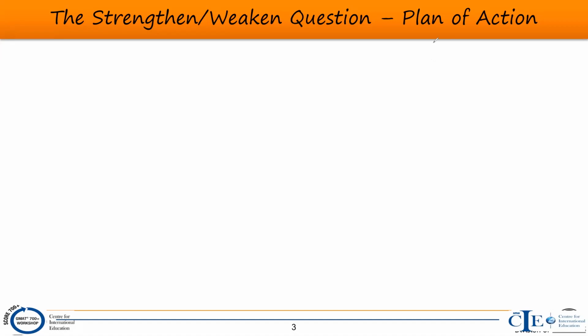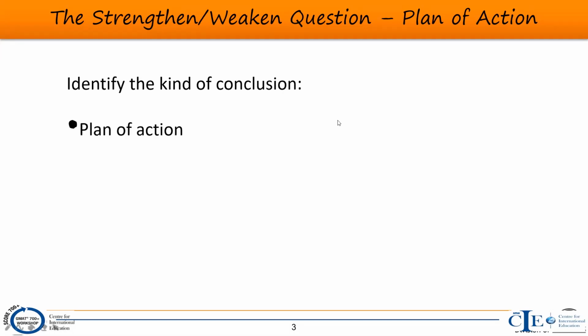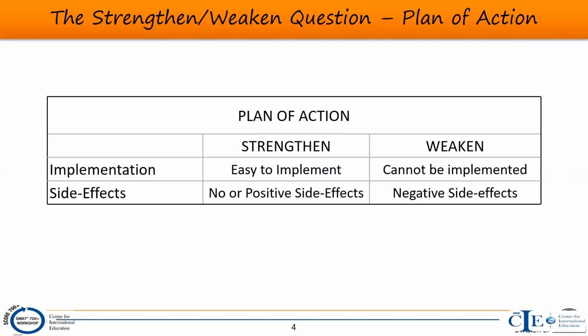Okay. So identify the conclusion, strengthen, weaken. If it is a plan of action, how to strengthen that plan of action? If the argument is talking about a plan of action, and you can prove that it is easy to implement and leads to the goal, then it strengthens it.